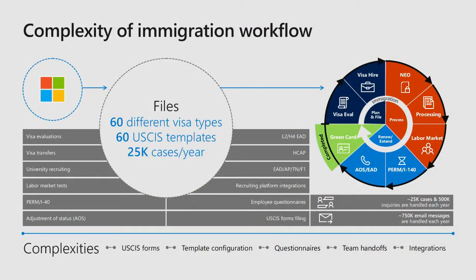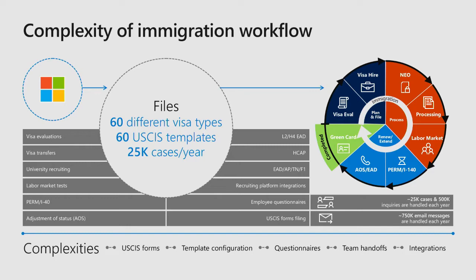So here's a quick look at what the system entails at a glance. We process around 60 different visa types. Now, if you have ever heard of the immigration scenario, the visa types can actually differ based on whether it's H1, L1, a lot of other permutations of the visa type.